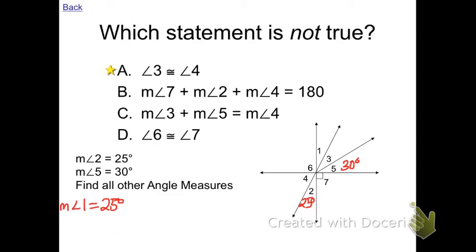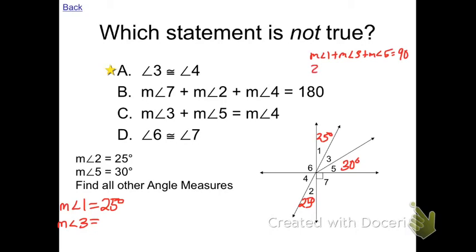Let's see if we can figure out the measurement of angle 3. Well, if angle 1 is 25 degrees and angle 5 is 30 degrees, I know that the measurement of angle 1 plus the measurement of angle 3 plus the measurement of angle 5 is equal to 90, because those three angles form a right angle.